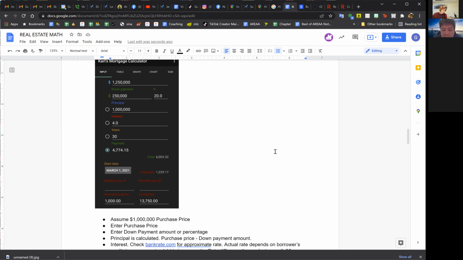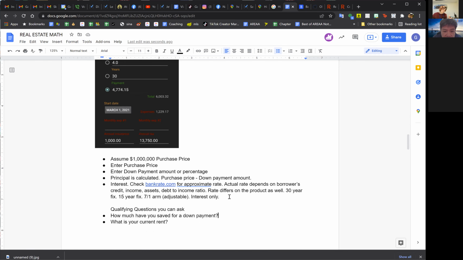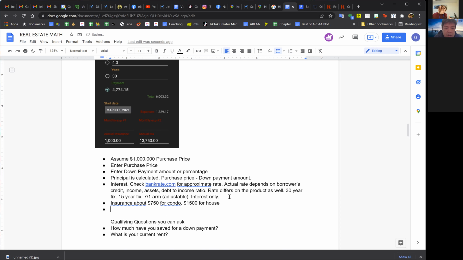Okay, for a purchase of 500,000, the home taxes, the property tax is about, oh good, okay, insurance about 500 for a condo, 1,000 for a house. I'm going to have to change this. Okay, property tax, about 1.2% of purchase.